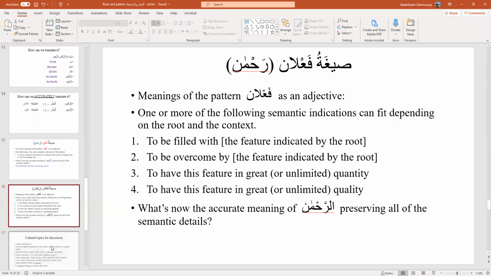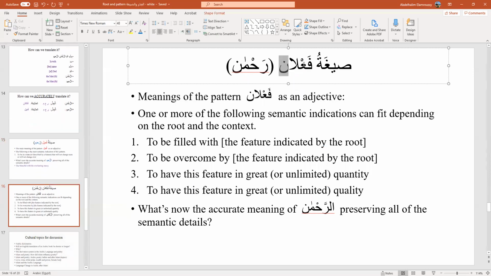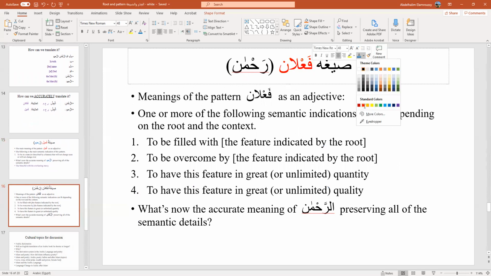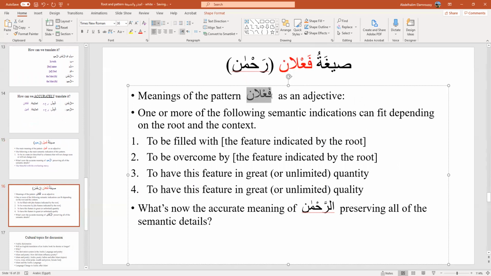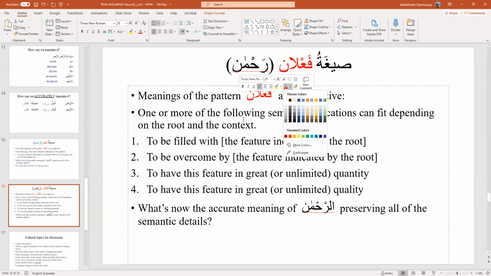Let's now go to the second pattern, the pattern fa'lan. Okay, the pattern fa'lan has a number of semantic indications. So again, it has a number of semantic indications that I'll go over in a second.